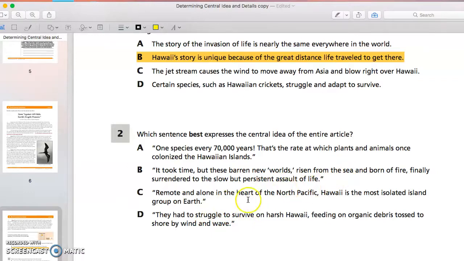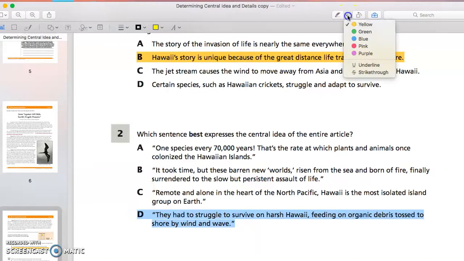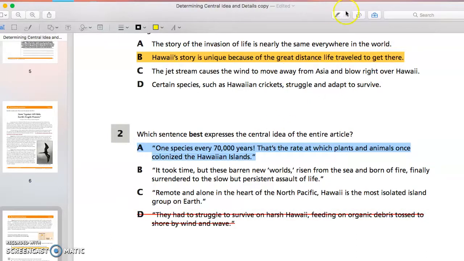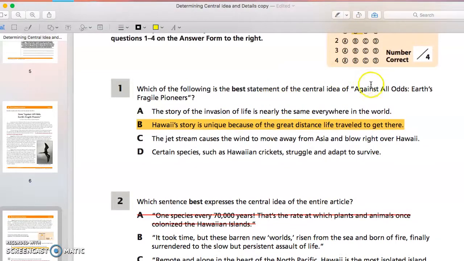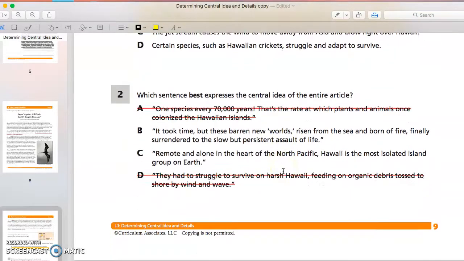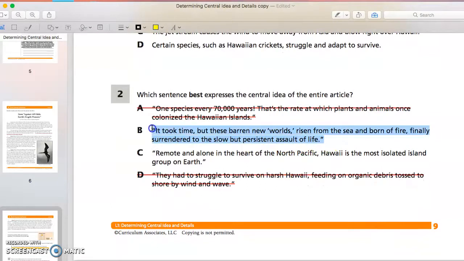Okay, so then it's between B and C, but really B is talking about how these new worlds is the whole article, because they're talking about how Hawaii, against all odds, it's Hawaii's story about how life traveled to get there. And then this is saying how the life was born, right?